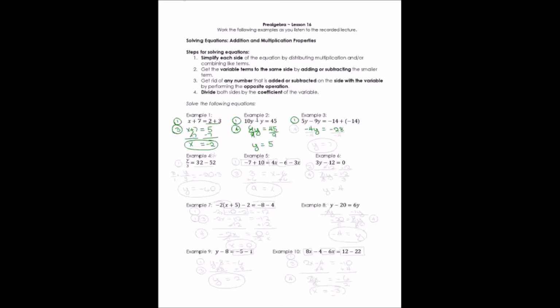Now, I'm at step 4. I'm going to divide by the coefficient of y. This time the coefficient is negative, so I have to divide both sides by negative 4. Negative 4 divided by negative 4, positive 1. I'll have positive 1y. Negative 28 divided by negative 4, positive 7. Y is equal to 7.